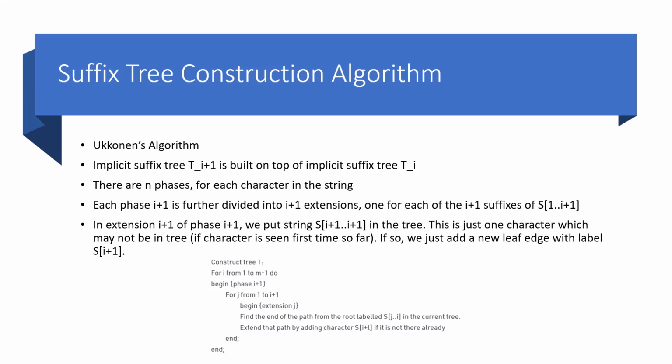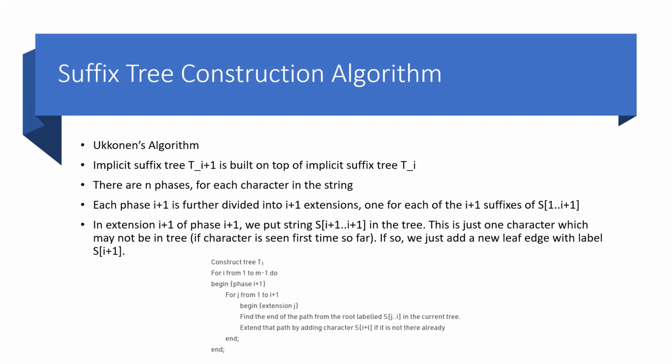So this is just one character which may not be in the tree. If the character is seen for the first time so far, we just add it as a new leaf edge with the label of S i plus 1.